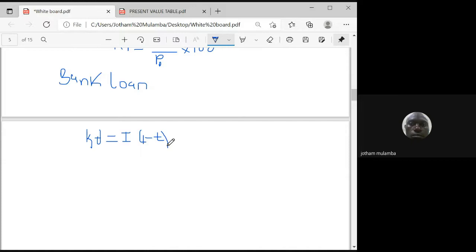KD is equals I into bracket 1 minus t. Just let me write this one clearly because it looks like 4. That's okay. Where KD is cost of debt or cost of bank loan.